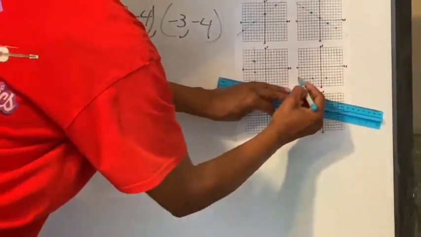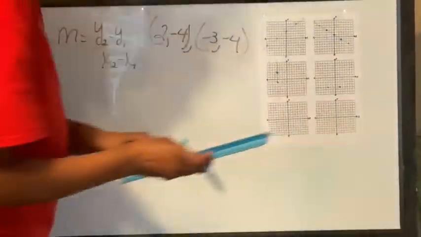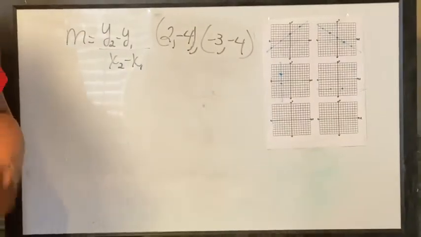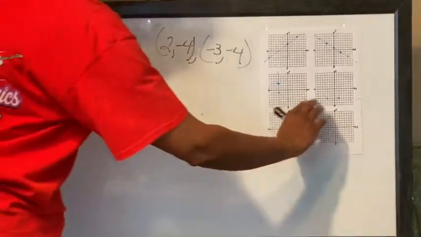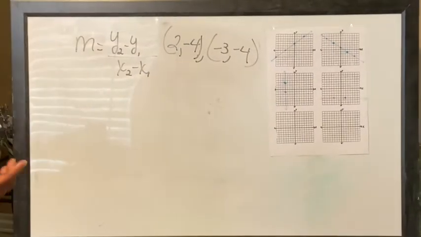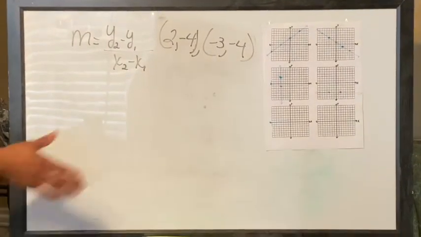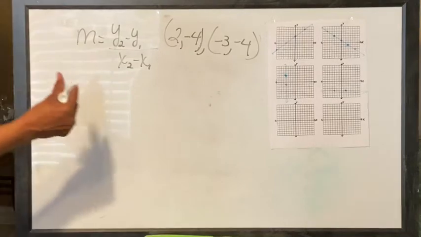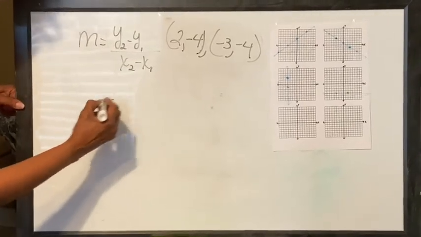Make sure that lines have arrows at both ends. And from what I previously said, that is a horizontal line, and I said a horizontal line has a slope of 0. So let's do our substitution so that we can see that that is true.